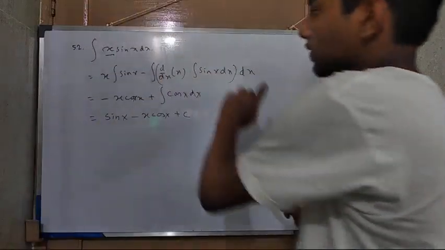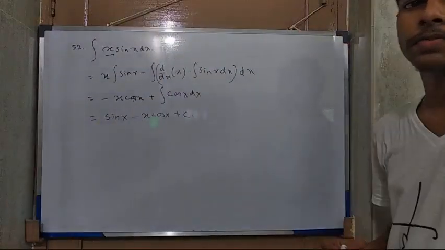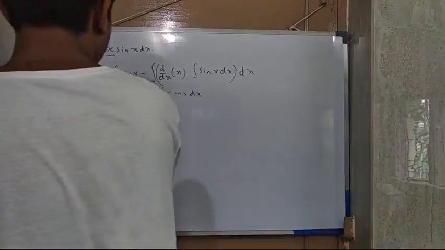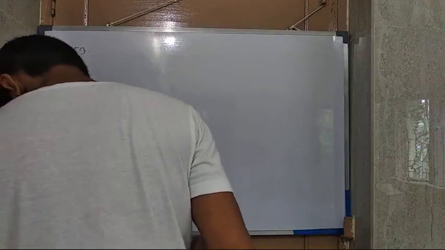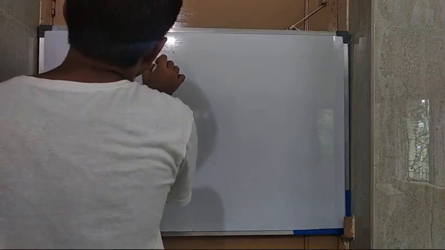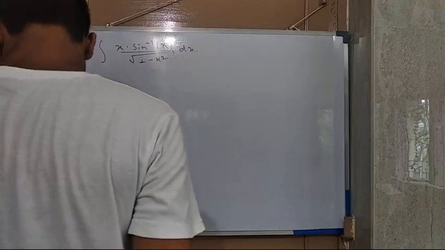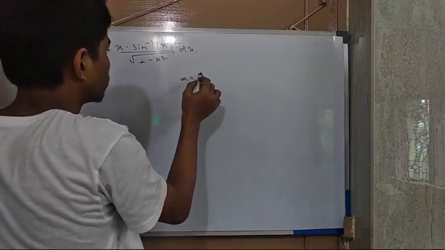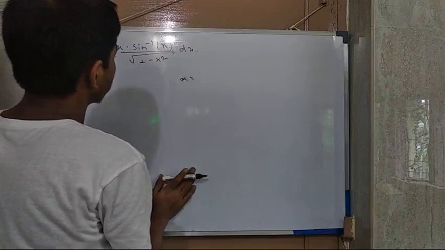So this is the 52nd question. Now let's proceed to the 53rd question, which is the integral of x times sine inverse x by root under 1 minus x squared dx. Okay, so let's substitute x is equal to what?